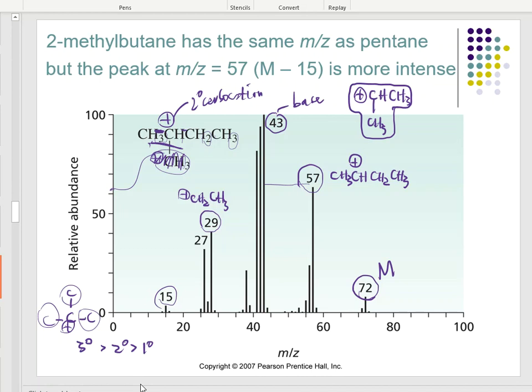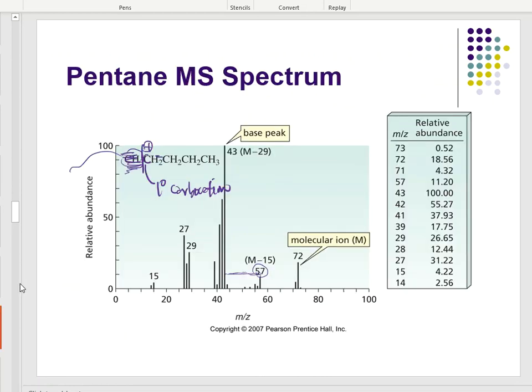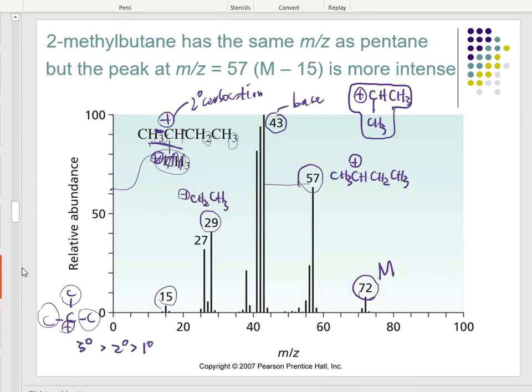So this is a secondary carbocation. This is a primary carbocation. And out of the choices, this carbon's more exposed. It's got more chances to do stupid things in the club versus this one. That is why this 57 is higher. The molecule feels more comfortable cleaving it in that way.